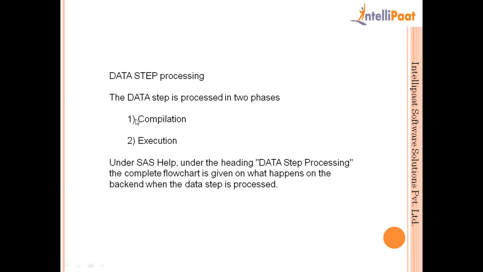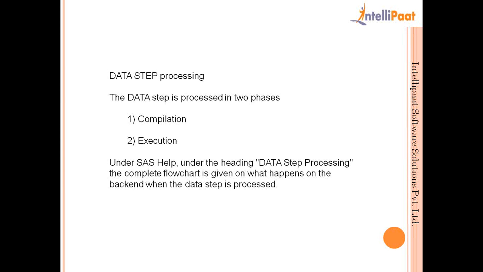The first phase is compilation and the other is execution. Compilation, as in every programming language, means whatever code you write first gets compiled, and the second step is that it gets executed.